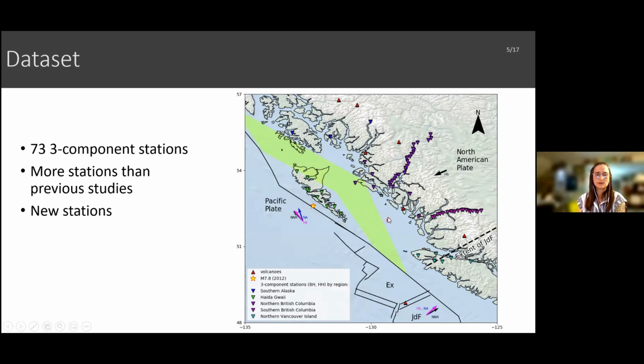We're including more stations than previous studies using receiver functions to analyze the subduction here. We're including stations on the mainland and not just on Haida Gwaii, and we're also incorporating new stations. A lot of stations have been deployed since this 2012 event, and they should have collected enough data now to produce some good results.